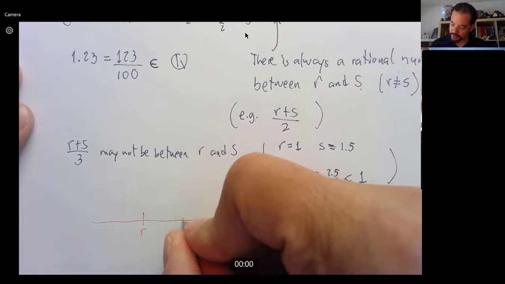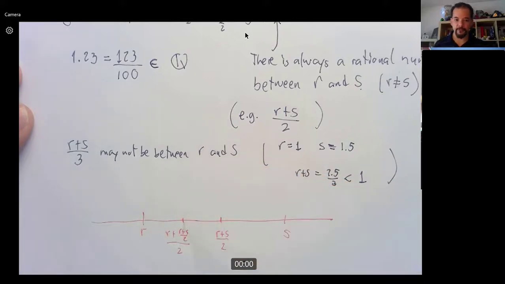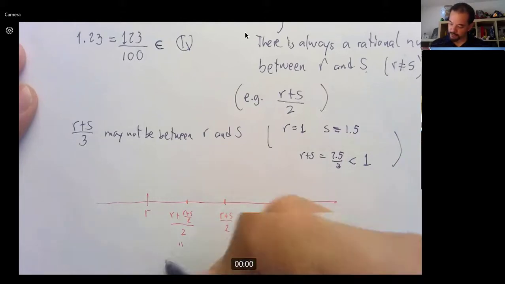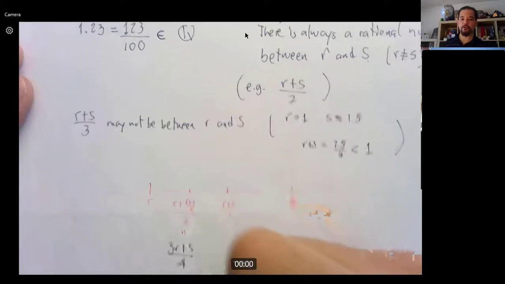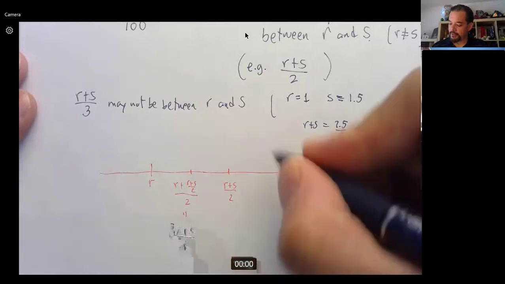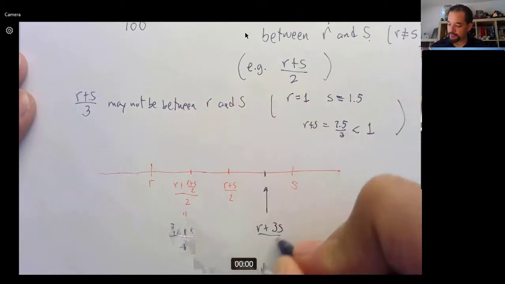So that's going to be R plus R plus S over 2, over 2, which is a number that we like to call 3R plus S over 4. So that one works. And this one over here is actually R plus 3S over 4.